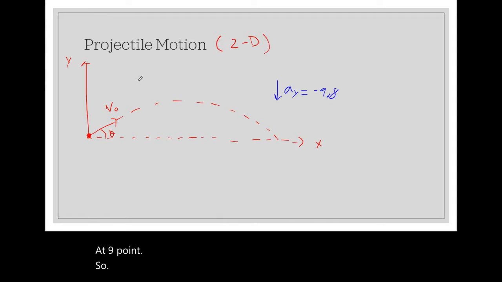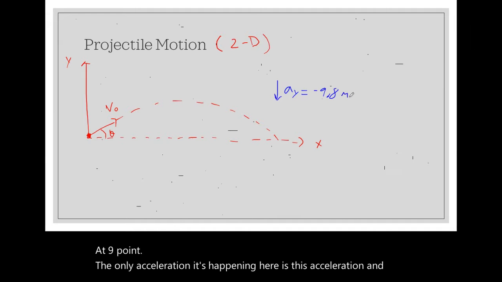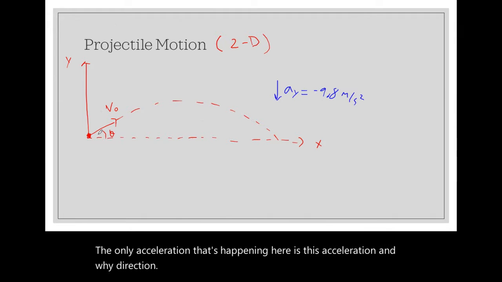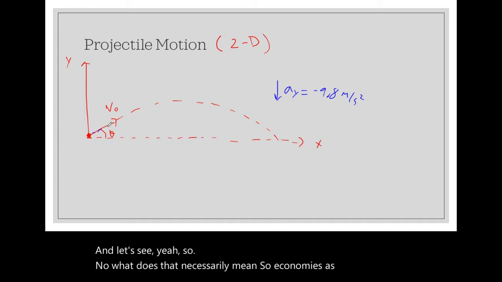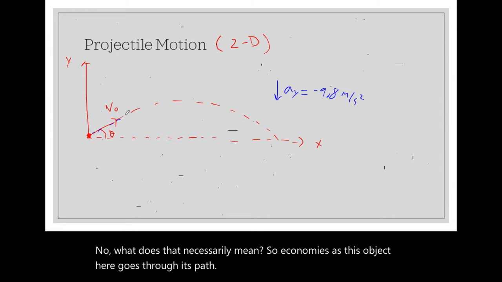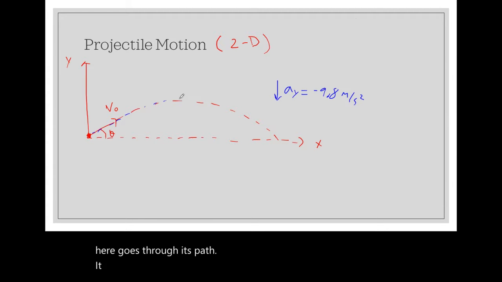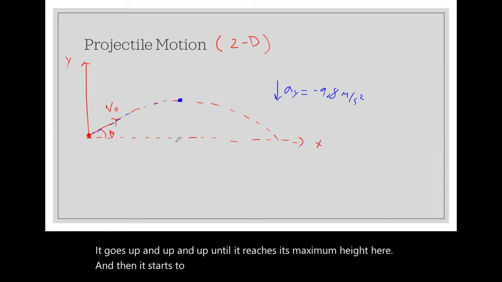So what does that mean? It means as this object goes through its path, it goes up and up and up until it reaches this maximum height here, and then it starts to fall downwards.